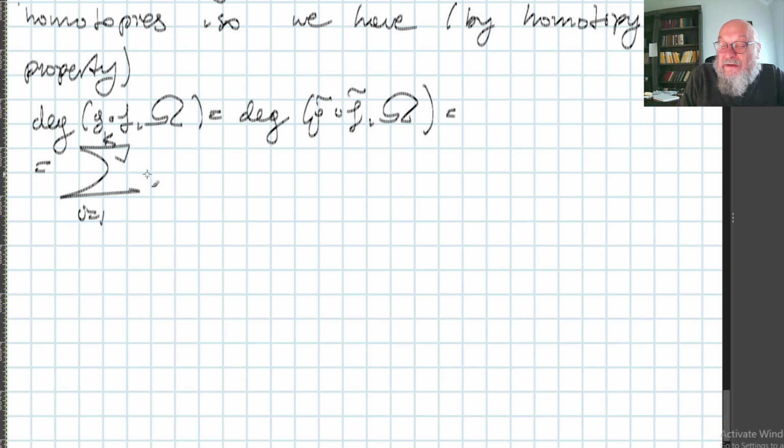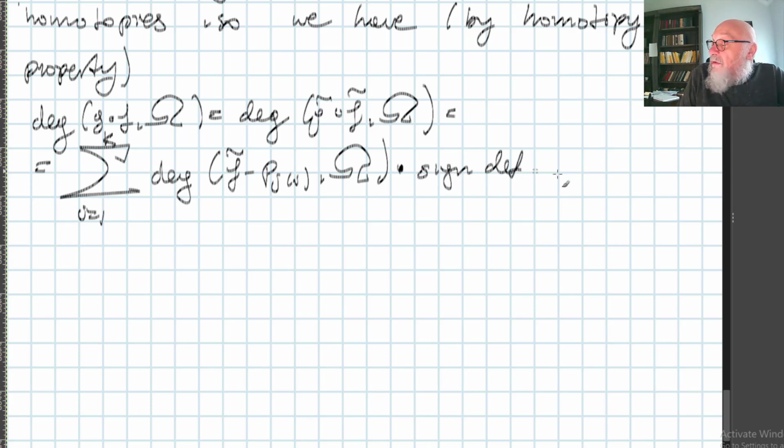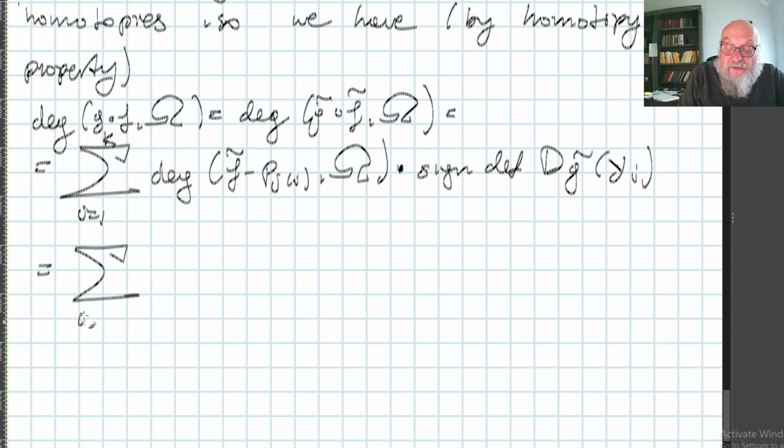So this is the set of zeros in the U. So this will be the degree of f tilde minus pj of I on omega, and here we have times signum determinant of dg tilde of y I, and that exactly by the definition, by the analytic formula, you can simply remove it.